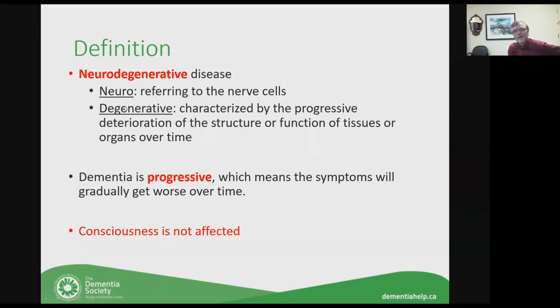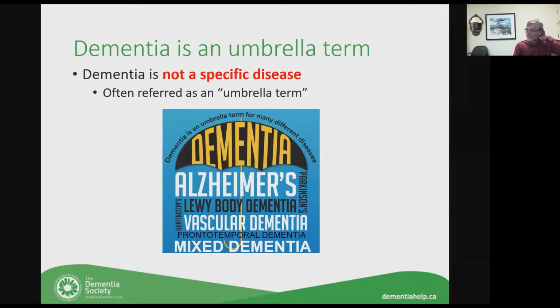So neurodegeneration is that progressive breaking down of the cells, their connections, the circuits in the brain, and impacting function eventually. It's progressive, as we said. And one of the important things later when we compare to delirium is that it does not affect our level of consciousness. So we're quite conscious, but we're just not able to sort things out.